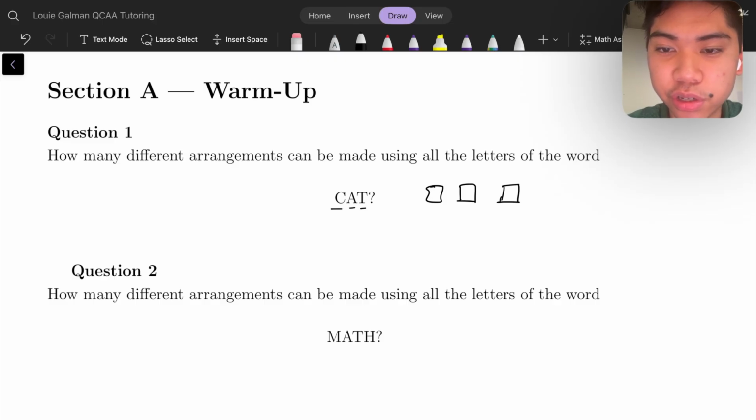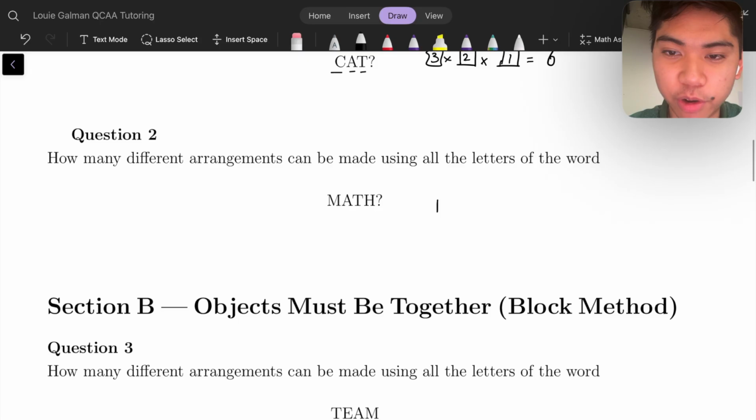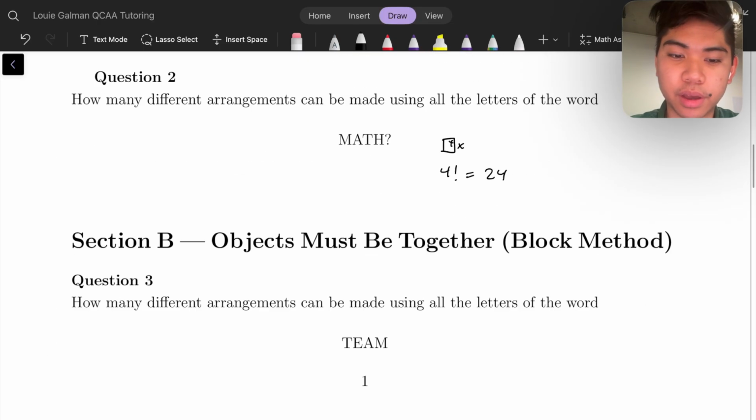Then for the first letter, we have 3 options, C or A or T, times by 2 and then 1 different possible outcomes. So we get an answer of 6 different arrangements. Okay. Same thing with math, we'd basically be doing 4 factorial, which is 24 different arrangements.